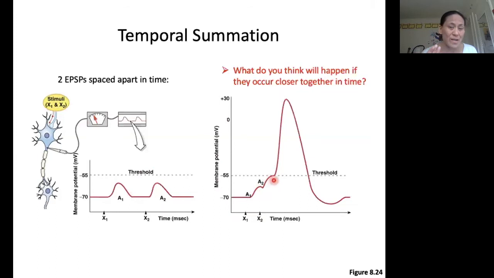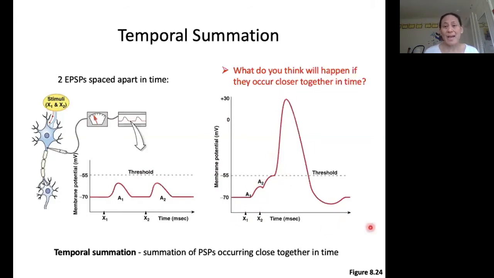Remember that graded potentials can sum. So they're going to sum. And in this case, they've summed to bring the cell to threshold, and we get an action potential. All right, that is the phenomenon of temporal summation. So basically that's summation of PSPs occurring close together in time.